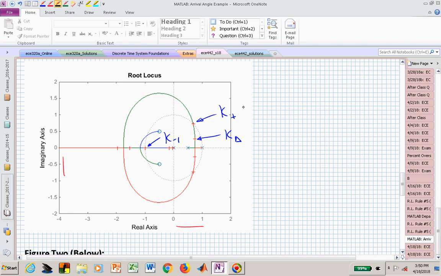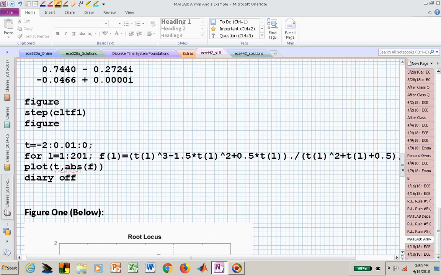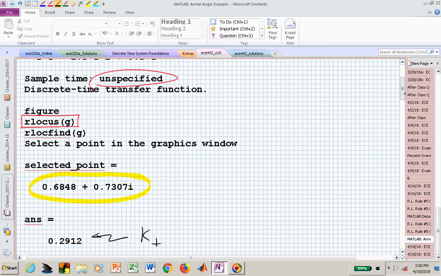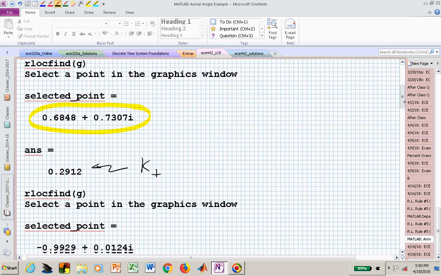The gain here, what was this gain? About 0.29.